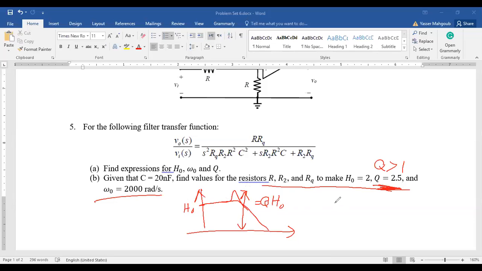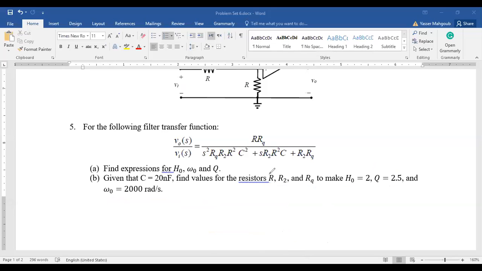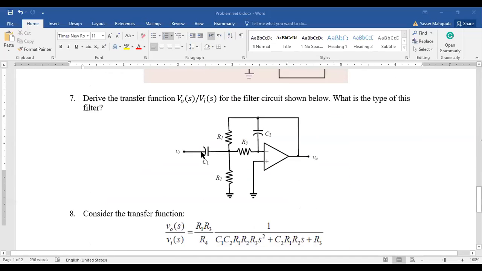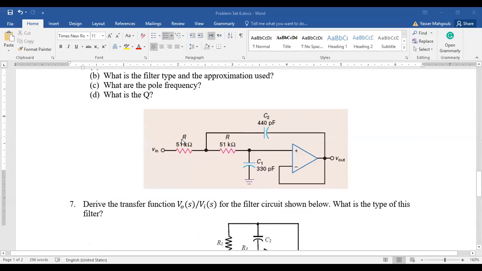So try to plot this transfer function and see how the frequency response looks given these values. That's it. I think the next one is similar to this one, and you can do it by yourself. This one here is the same thing, and this one is easy.